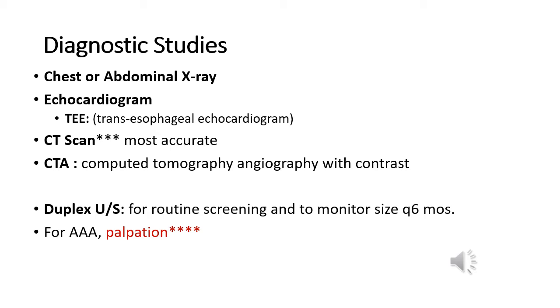Diagnostically speaking, very often aortic aneurysms are just found by accident when a diagnostic study is being conducted for another reason. So they're often found when a simple chest x-ray or an abdominal x-ray is being done.